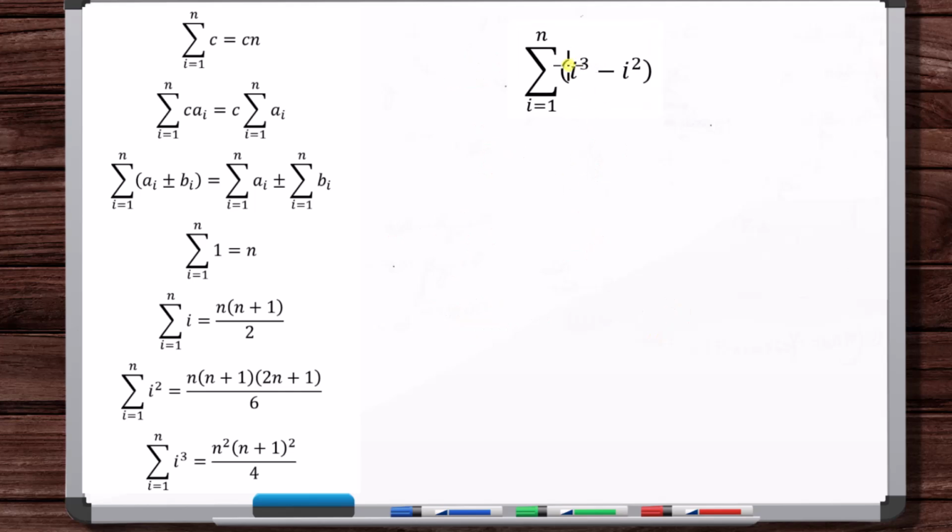Okay, we have an a sub i and a b sub i, two separate sequences here. So let's separate them. Now we've got formulas for this and this. This is the i squared, this is the i cubed.